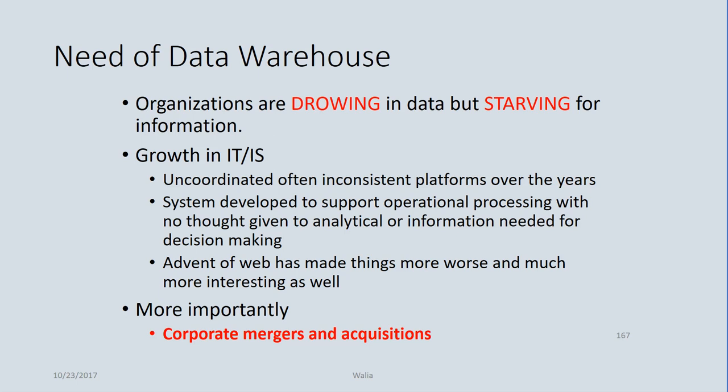Buying 1 terabyte of hard drive is less than $100. Google gives a free 1 terabyte of space. Dropbox gives, I think, 20-30 GB. So the cost of storing information is extremely low, and collecting it, especially because of e-commerce, electronic commerce, and social media, there's so much abundance of information available. So all the organizations are storing a lot of data, but they are having a hard time converting that data into information.